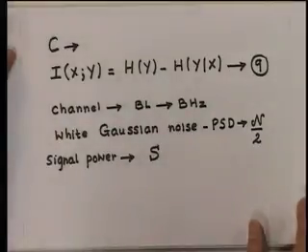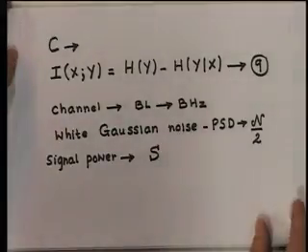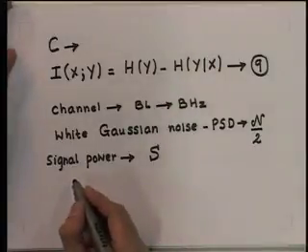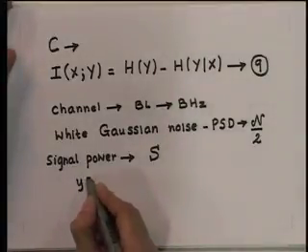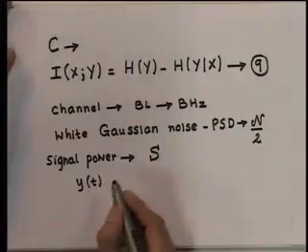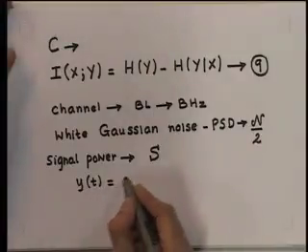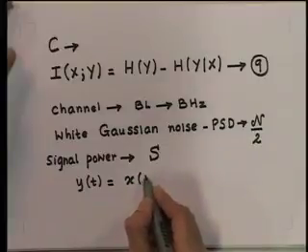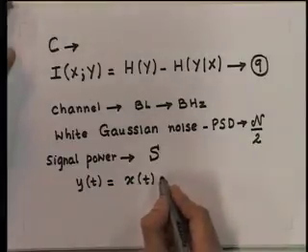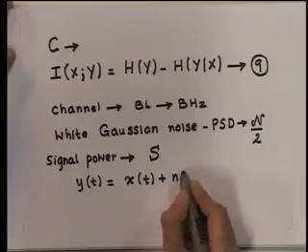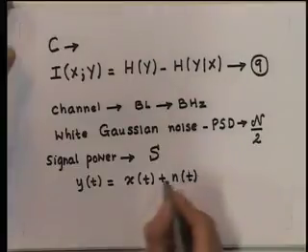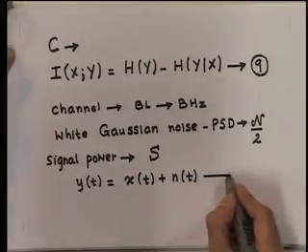Since the disturbance is assumed to be additive, the received signal y(t) is given by y(t) is equal to the input signal x(t) plus the additive noise on the channel given by N(t).